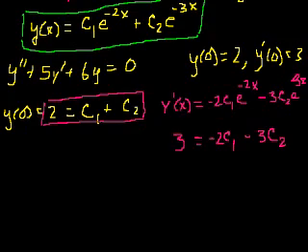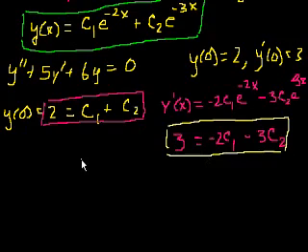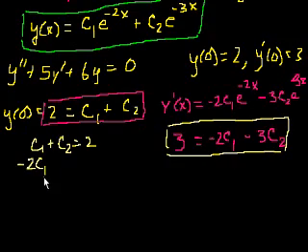So now we go back into your first year of algebra. We have two linear equations with two unknowns, and we could solve. Let me write them in a form that you're probably more used to. So the first one is C1 plus C2 is equal to 2. And the second one is -2 C1 minus 3 C2 is equal to 3.